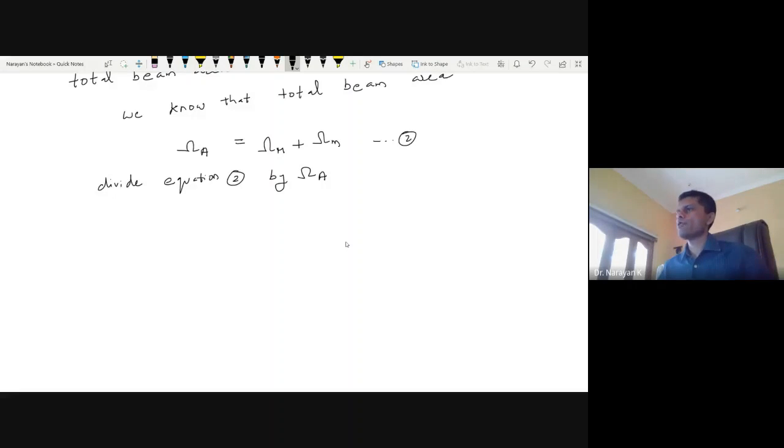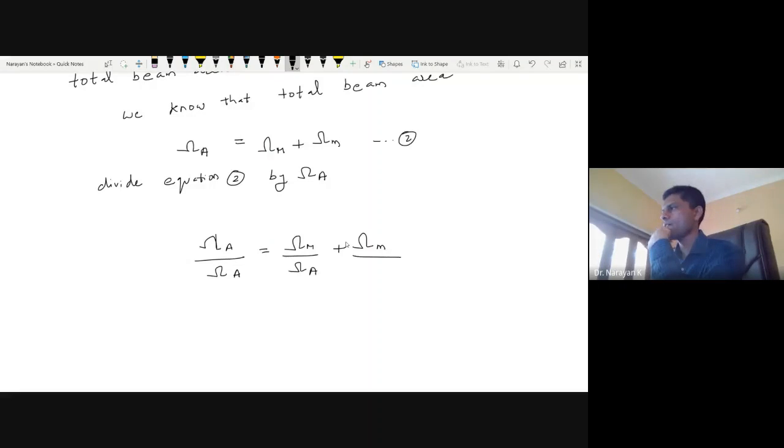If you divide by omega A, what happens? This will be omega A divided by omega A on both sides. This is major lobe area divided by total area plus minor lobe area. The area under the minor lobe I am representing by small m, and the area under the major lobe by capital M, divided by total area omega A. So this will get cancelled. You will get 1 on the left hand side.